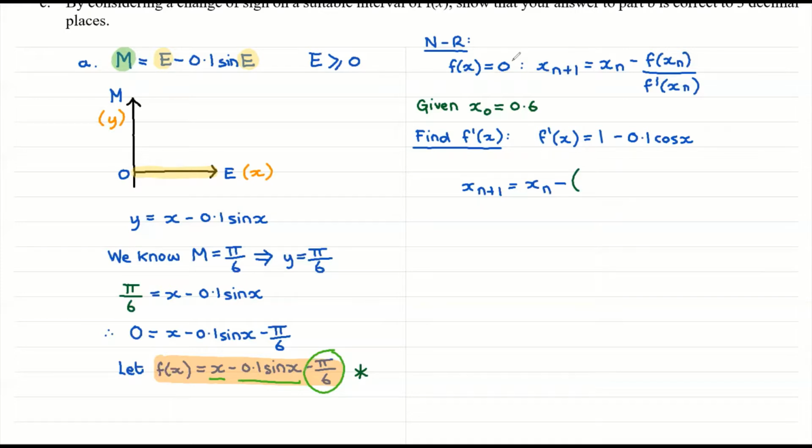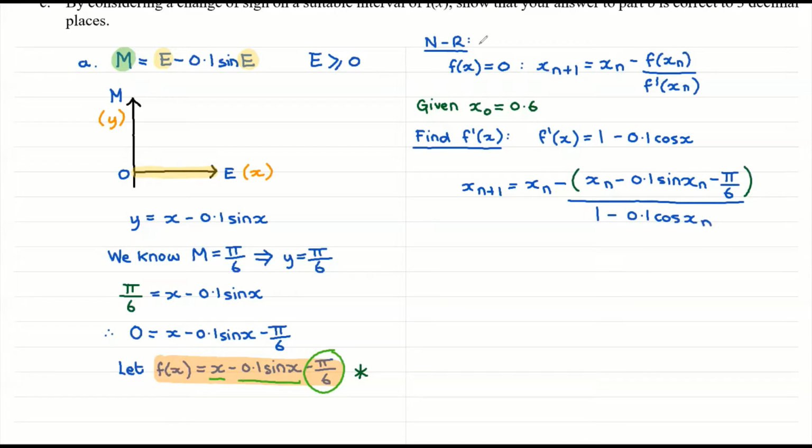So it's going to be xn, remember with the subscript, subtract 0.1 sine of xn, subtract pi over 6. That's the numerator. And we just divide all that by our derivative that we just found. So that's going to be 1 subtract 0.1 cos of xn.